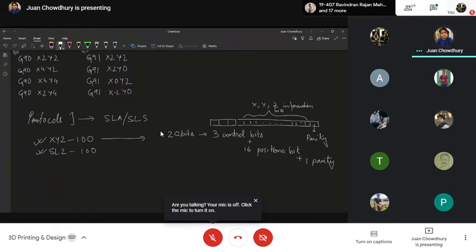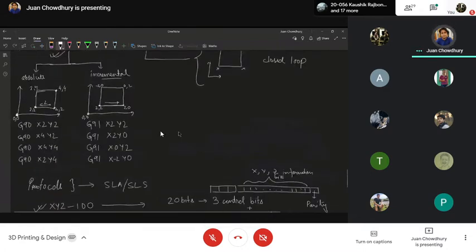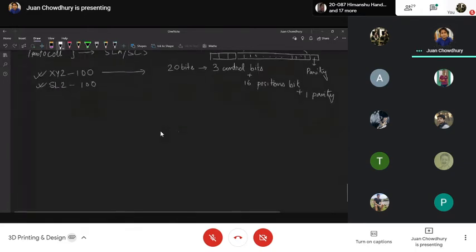So this was all about control of a 3D printer. The takeaway is that you know how XYZ motion of a 3D printer works.